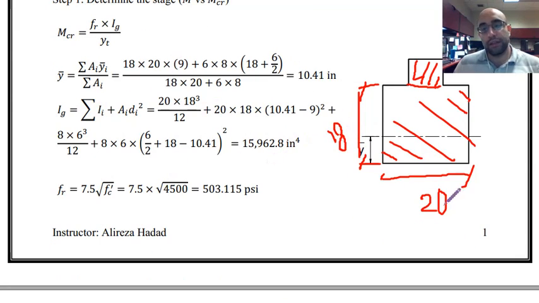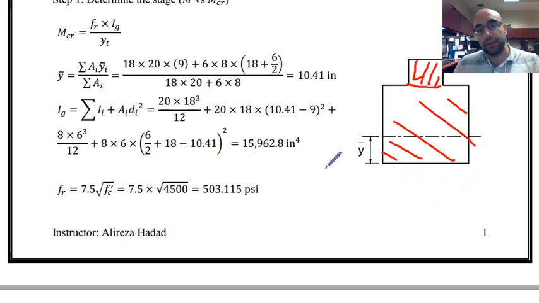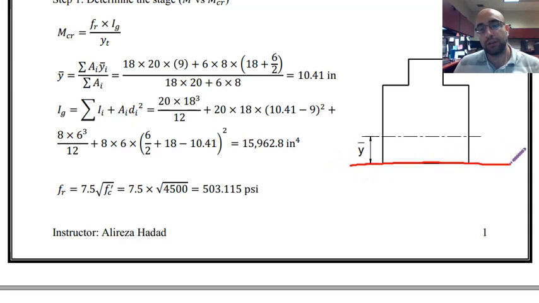So the area is 18 by 20, and then the distance from centroid of this shape to the origin, I'm assuming this bottom level as origin. So this bottom region or this line is the origin which I'm calculating all the distances from. And then at the end, the neutral axis or the centroid that I find, or y bar, is the distance from that line to this origin that I'm considering.